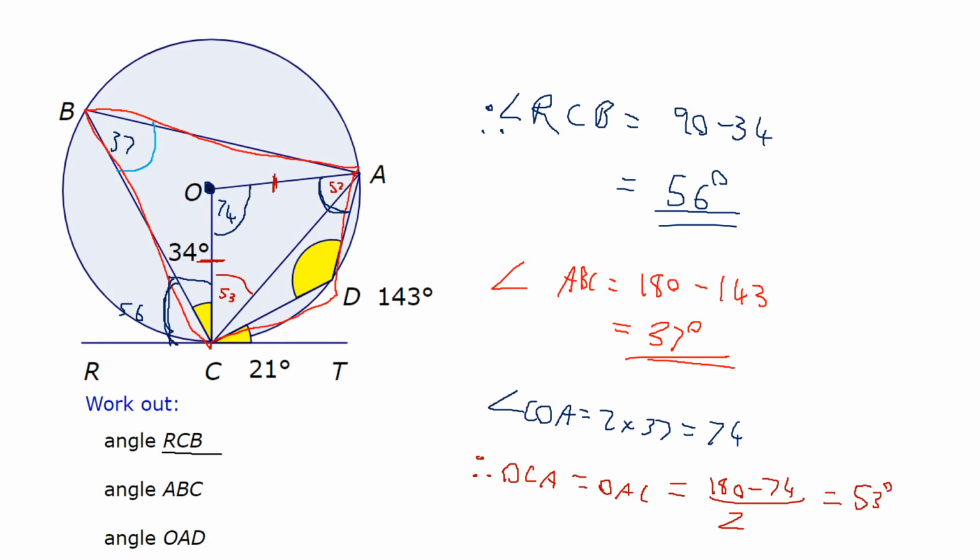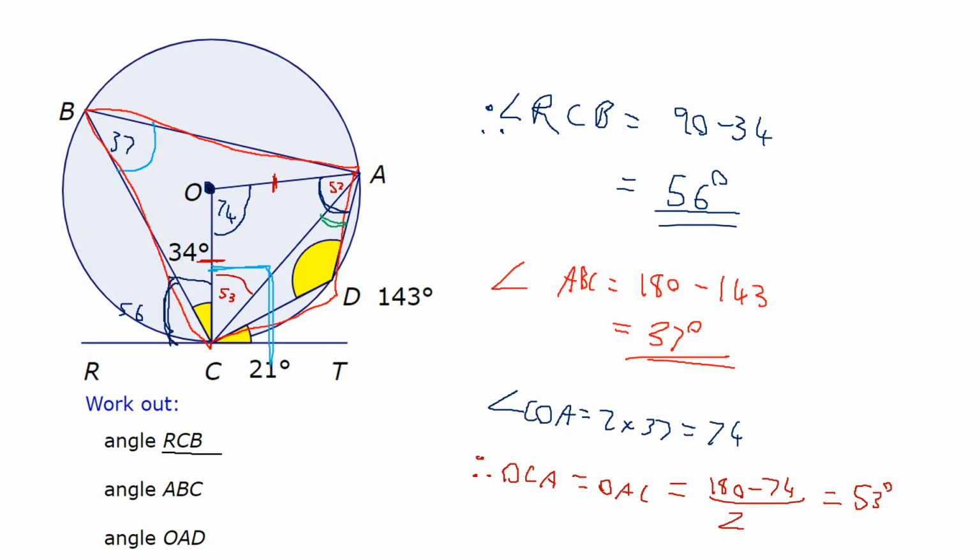But okay, how are we going to work out what this angle here is? This little angle, if I draw it in green. How are we going to work out what that is? Well, again, look at this. Look at OCT. What can you tell me about it? Exactly. It's a right angle.